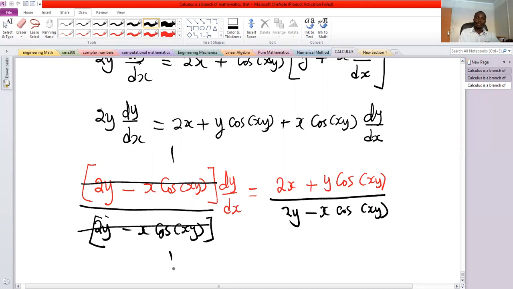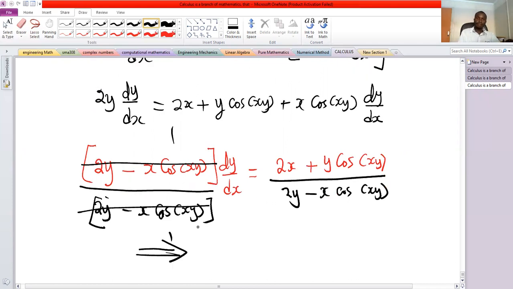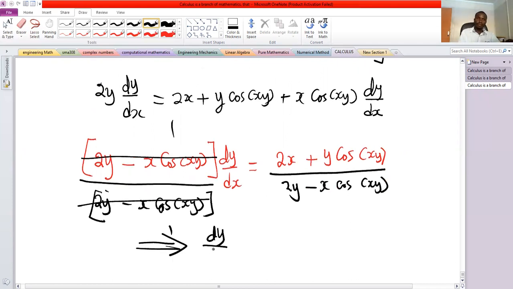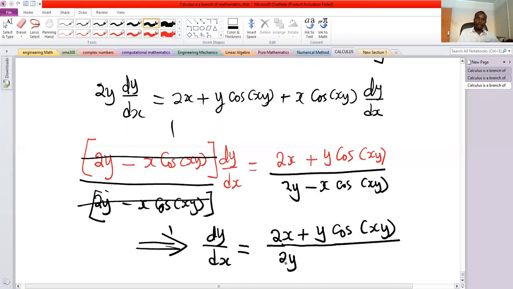So it implies that dy/dx is given by 2x plus y cosine of xy divided by 2y minus x cosine of xy. So that is the solution to that given problem.